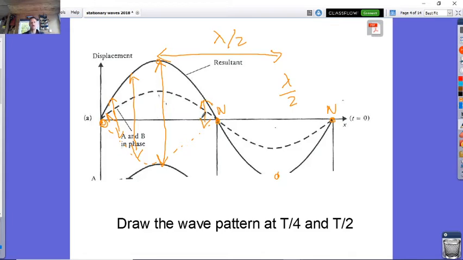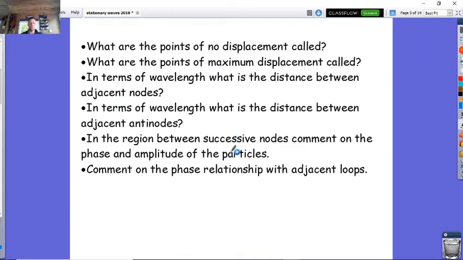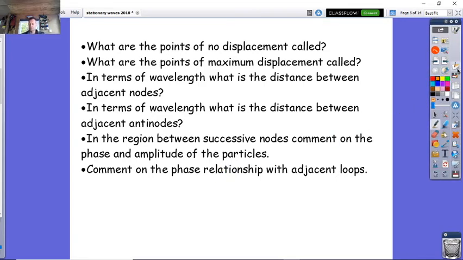But you should see they go up and down in phase. This goes up and down at the same time as the particles along here. So to answer that question: in the region between successive nodes, the particles all have the same phase, but they have a different amplitude.